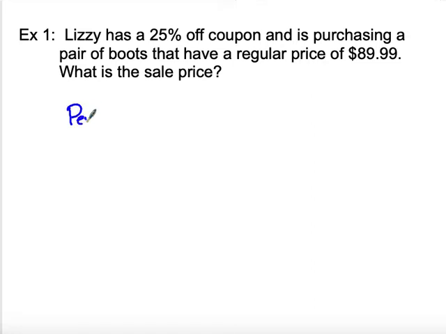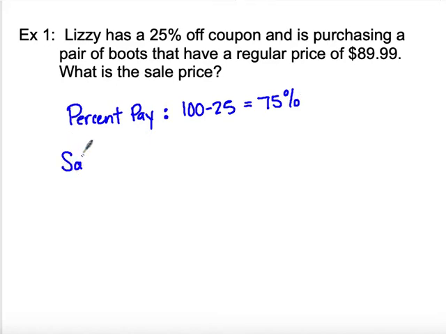So the first thing I'm going to calculate is the percent that Lizzie is going to pay. So if we start at 100% minus the 25% coupon, she's actually going to pay 75% of the regular selling price for the boots. So now to figure out her sell price, the subtraction becomes a little bit simpler that way.